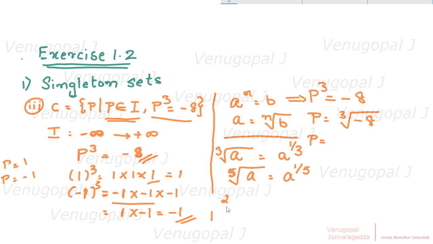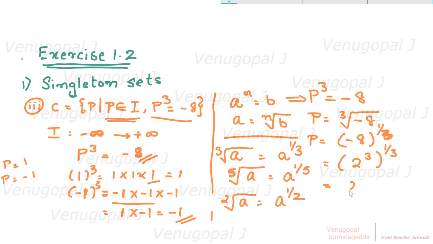Square root is the 2nd root of a, which is a raised to half. So the cube root is minus 8 raised to 1 by 3, and we know that 8 is 2 raised to 3, so 2 raised to 3 raised to 1 by 3.